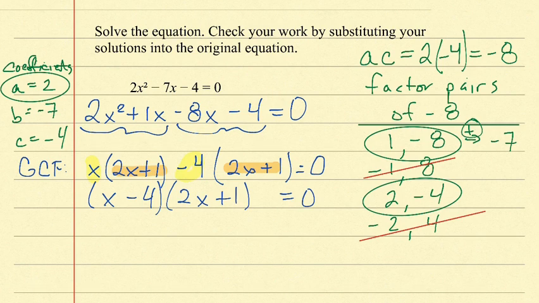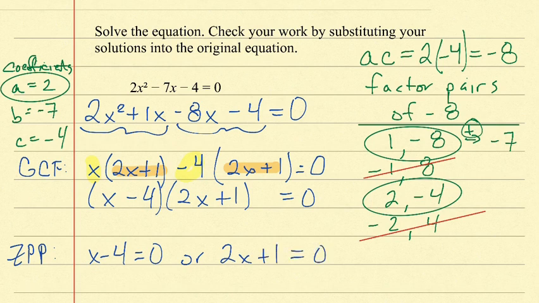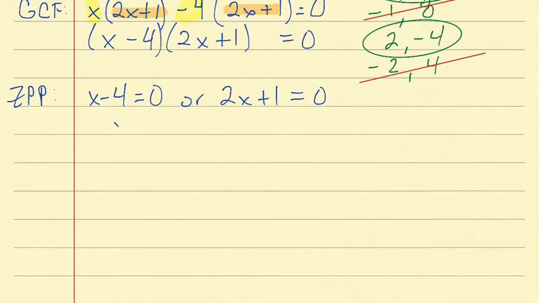All right, zero product property tells me either x minus 4 equals 0 or 2x plus 1 equals 0. Let's solve each of those equations. That was easy. X equals 4. This is our first candidate for a solution.